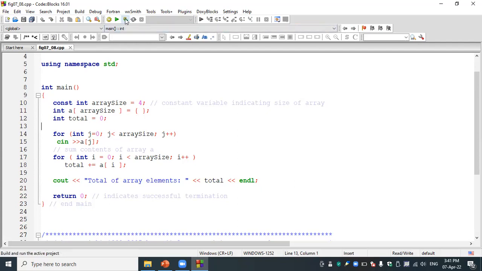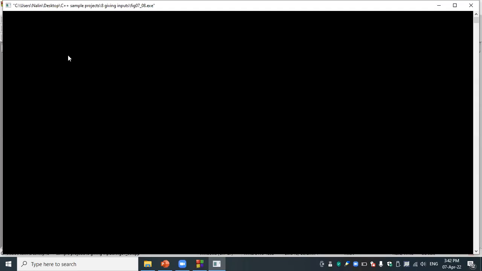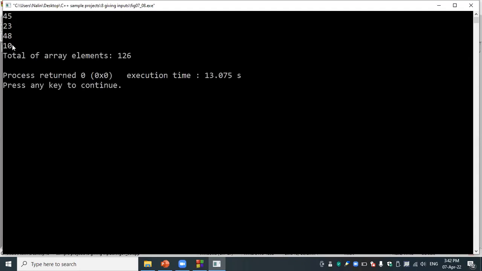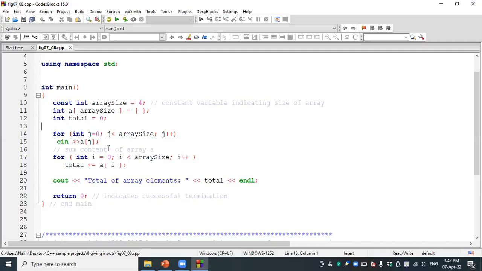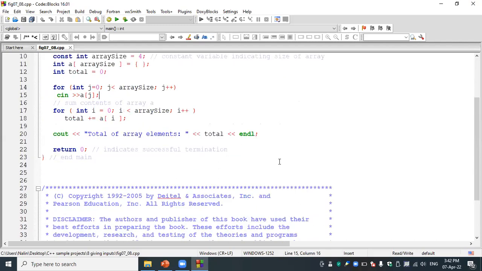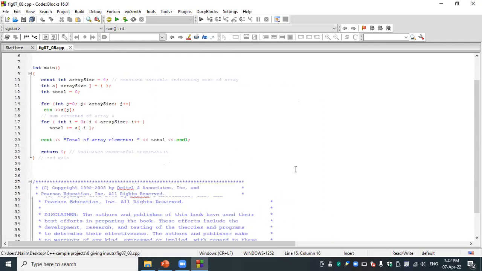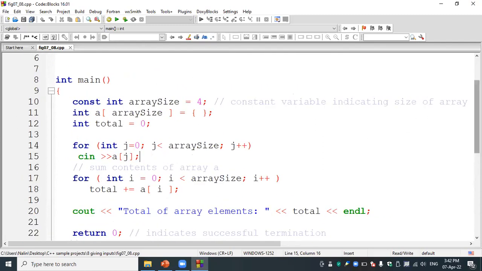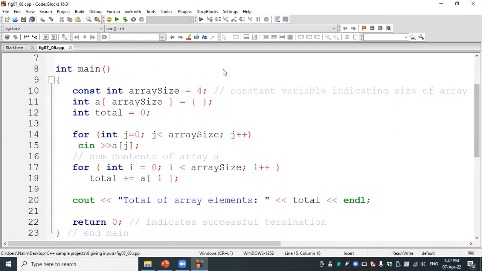If I run this program, it asks me to enter 4 values. If I enter 4 values and press the enter key, it will calculate the total and display it. To make this kind of computer application, you have to write like this by using a computer programming language.